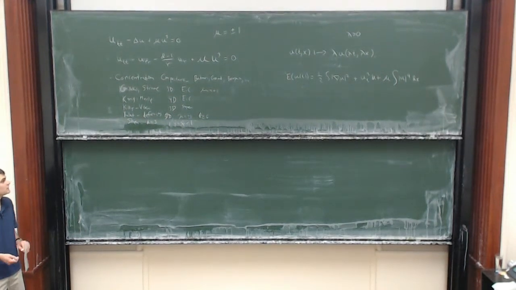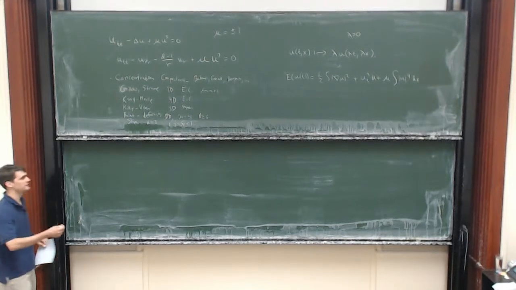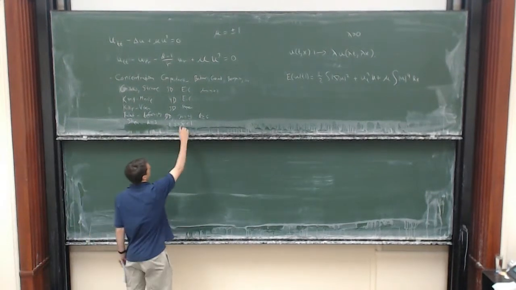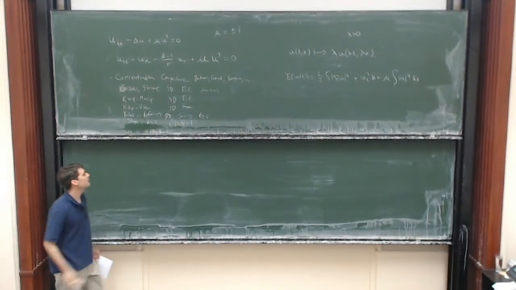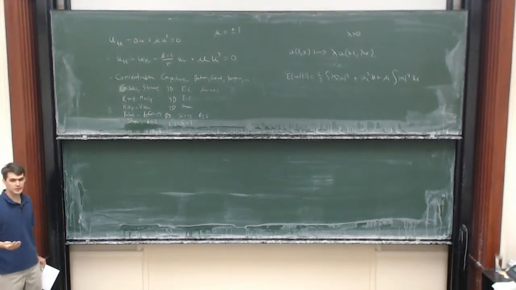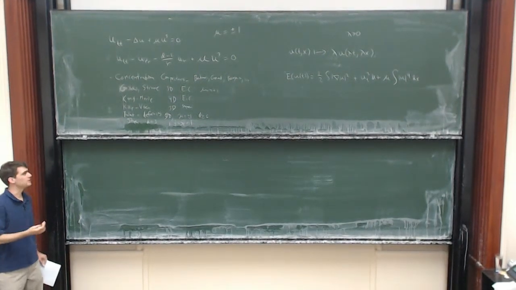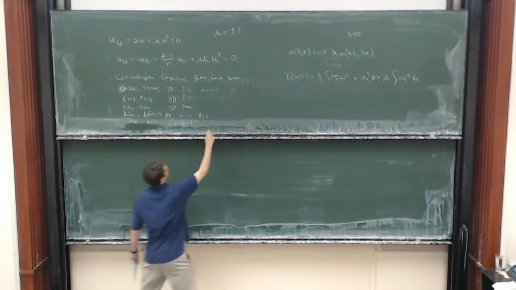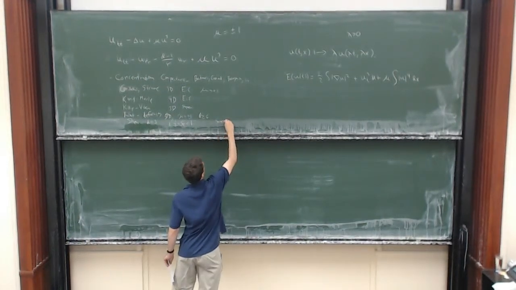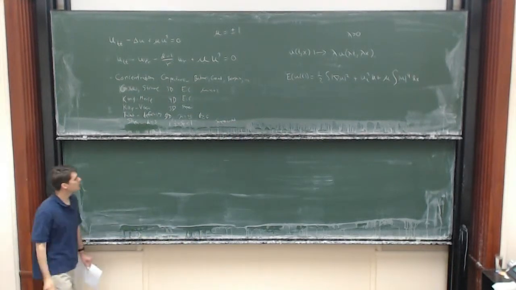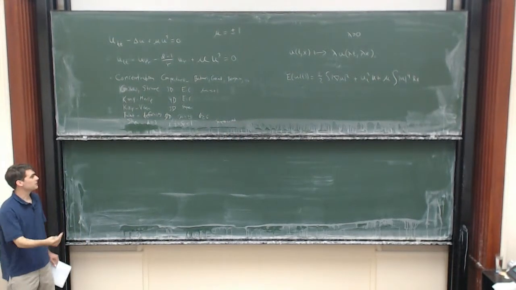Killip and Visan did the 3D supercritical problem. So s_c is the critical exponent, so if you had s_c greater than 1. And then Bulut has dealt with the supercritical defocusing 5D, and then d greater than or equal to 6.